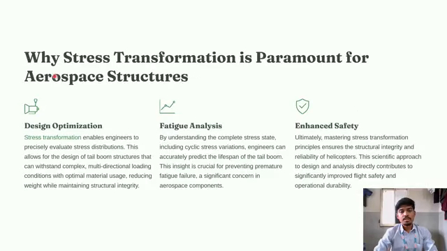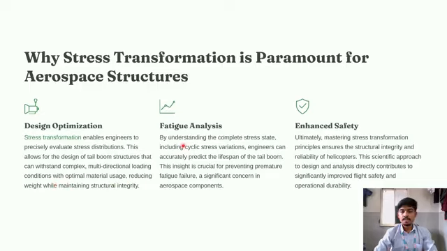Why is stress transformation paramount for aerospace structures? First, design optimization. Stress transformation enables engineers to precisely evaluate stress distribution. This allows for the design of tail boom structures that can withstand complex multidirectional loading under different conditions, with optimal material usage.